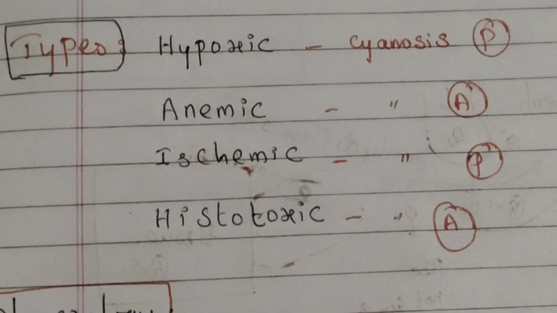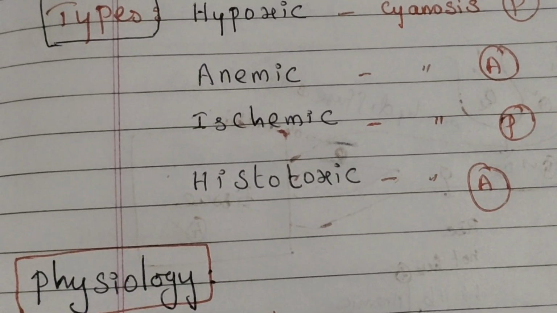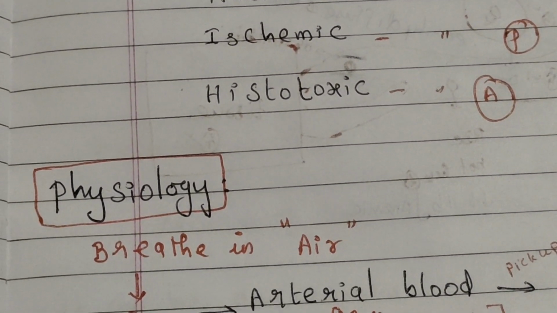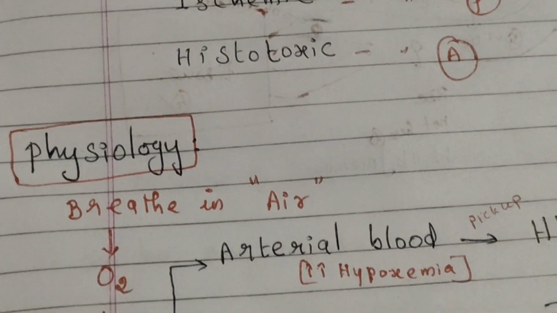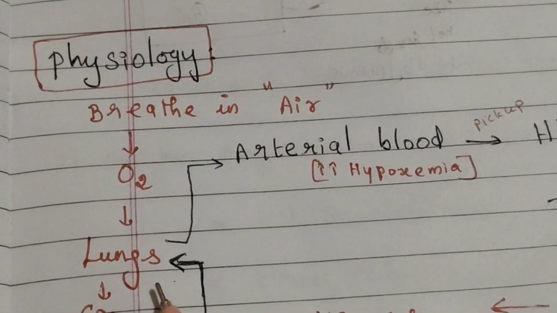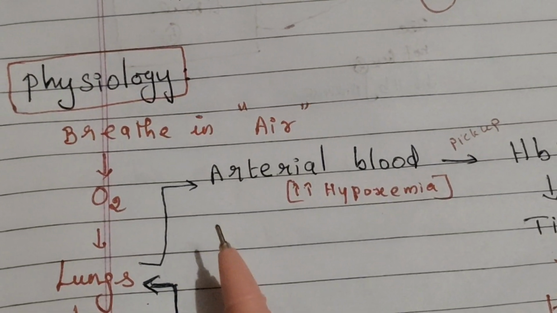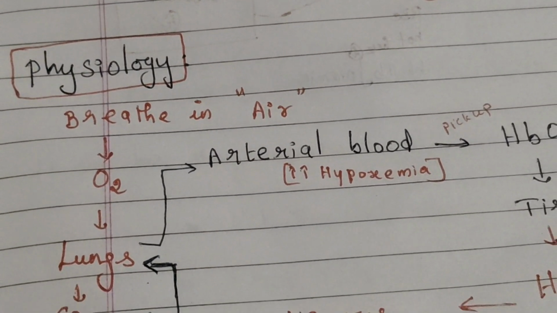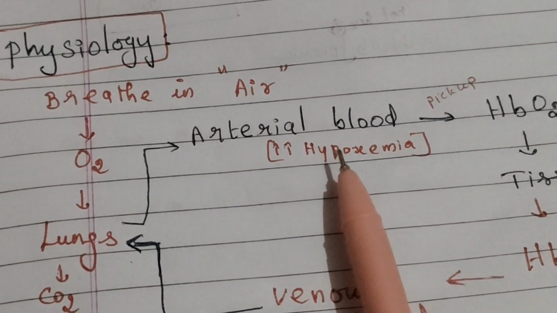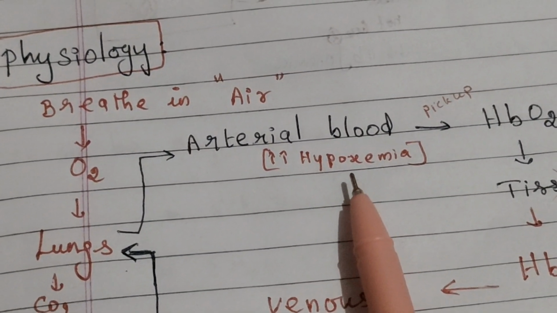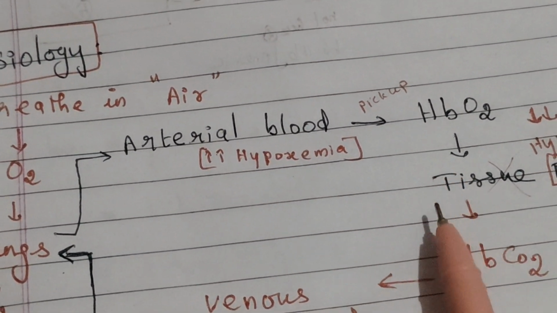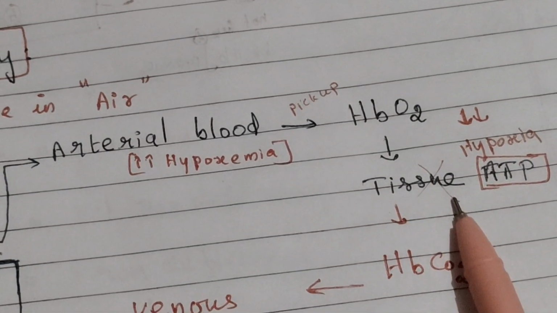To understand these terms better, first we should know the physiology. So we breathe in air and this air will go to the lungs and into the arterial blood, and it will be picked up by hemoglobin and then go into the tissue.